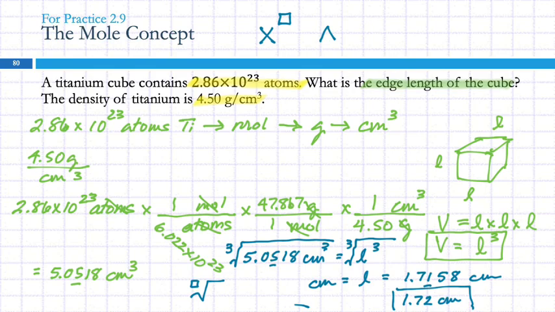So the cube root is raising it to the 1/3 power. So 5.0518 to the 1/3 power is going to give me the same answer. We're not going to do cube roots very much, but they show up a little bit. Any questions?